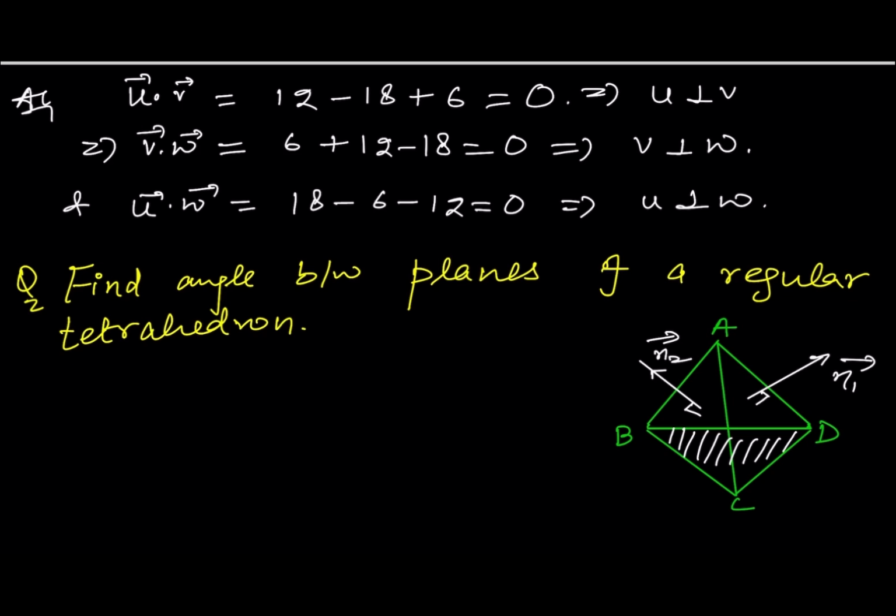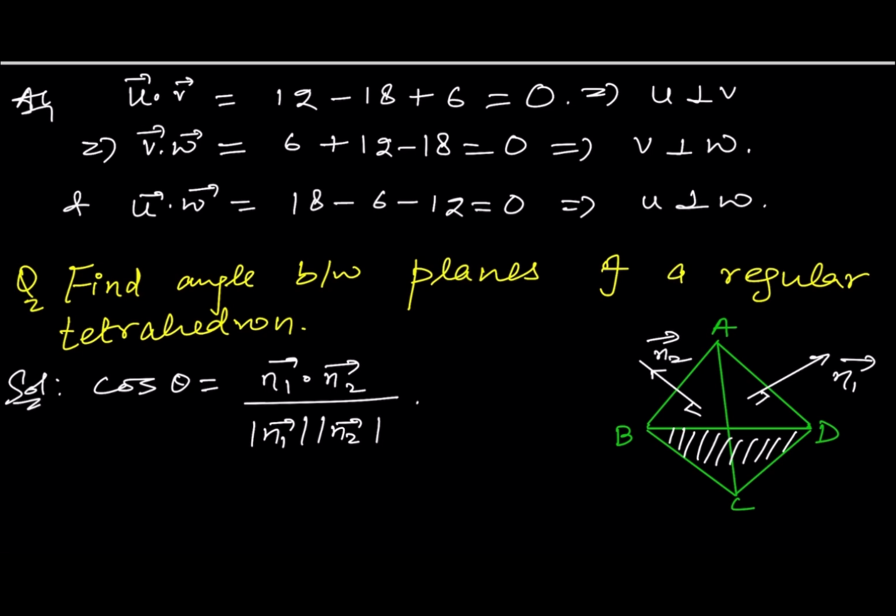So cos theta, where theta is the angle between ABC and ADC, may be defined as n1 dot n2 upon mod of n1 into mod of n2, right?